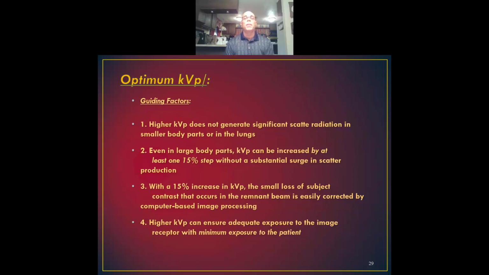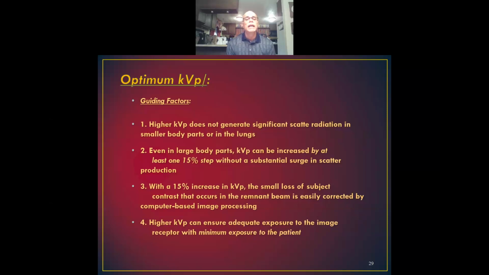Remember, because it is the body part itself, the thickness of the body, that's actually creating the scattering events. Number 2 says even in large body parts, KVP can be increased by 1 step of 15% without a substantial surge of scatter production. Number 3 says whatever small loss of subject contrast does occur from a single 15% increase in KVP is easily corrected by computer-based imaging systems.